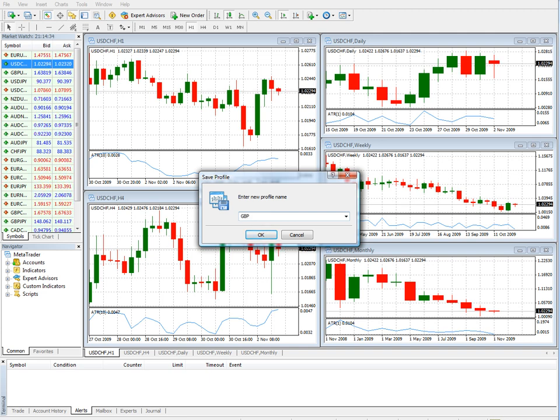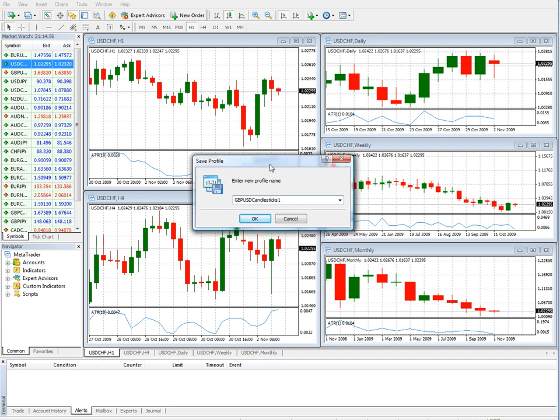We're going to do Great British Pound, US dollar. Candlesticks 1. This doesn't necessarily have to be candlesticks the way we're trading it using inside bars currently, but we'll be looking at some additional things, and using candlesticks will be one of those trading methods that you'll find very handy.